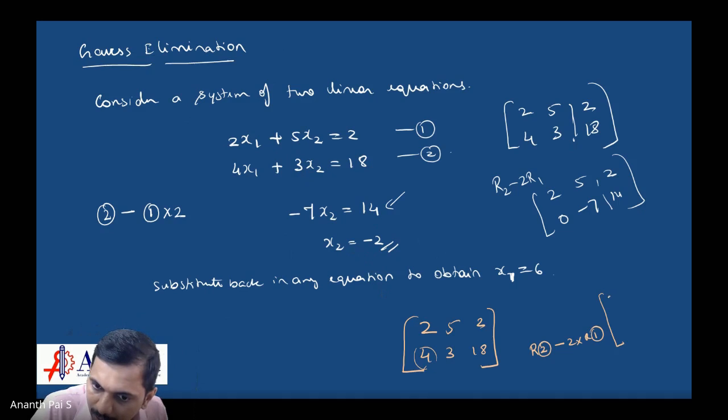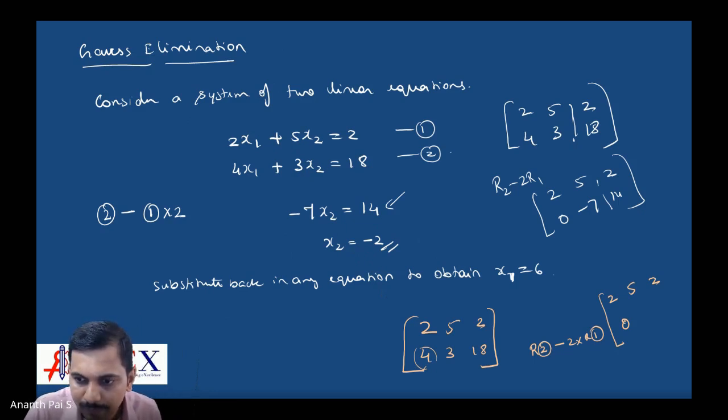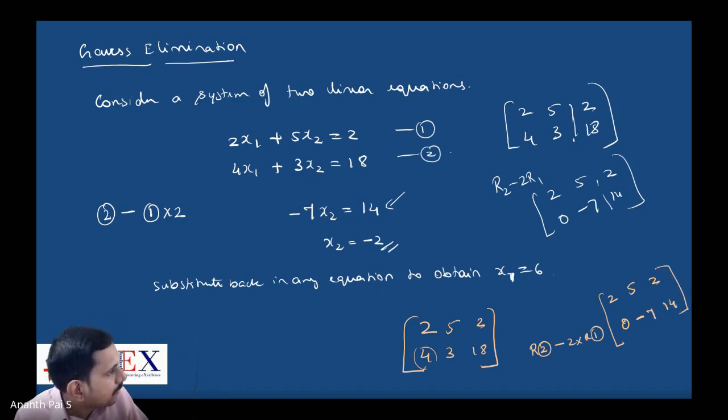You get 2, 5, 2, and then 0, correct, 0, minus 7 and 14. Make sense?